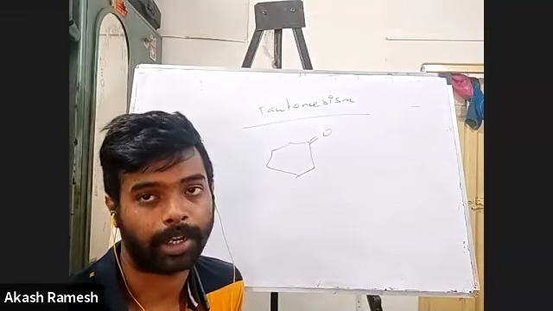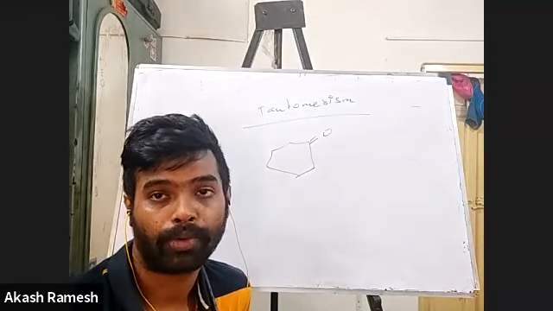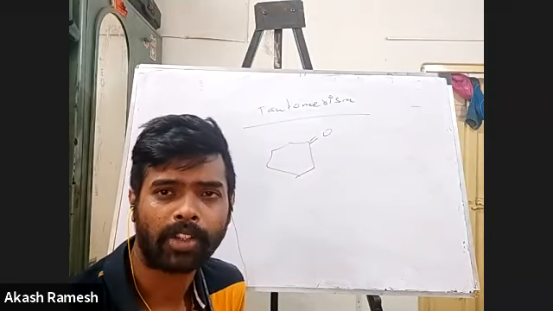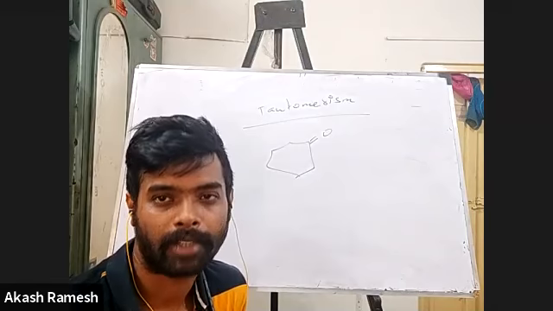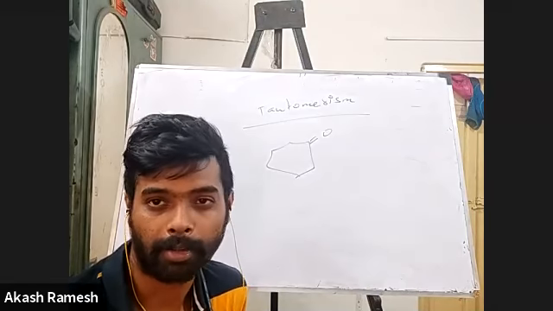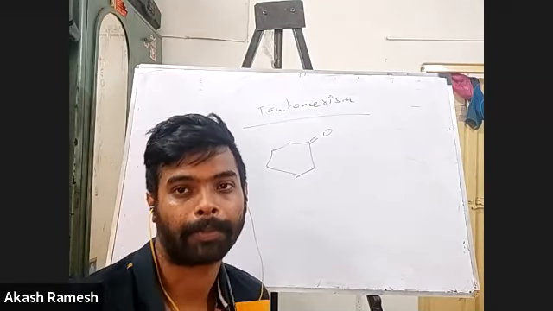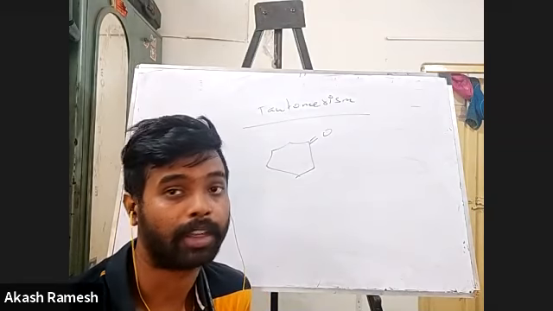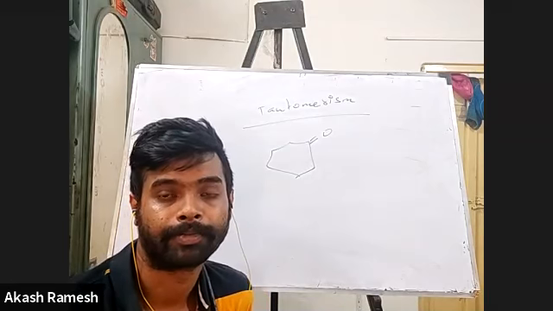This is my ketone again. Now, if I'm asking you, write the enol form of this. Can you try? I'll give you 1 minute. Take a pen and paper and draw the structure of the enol of this. Go for it.